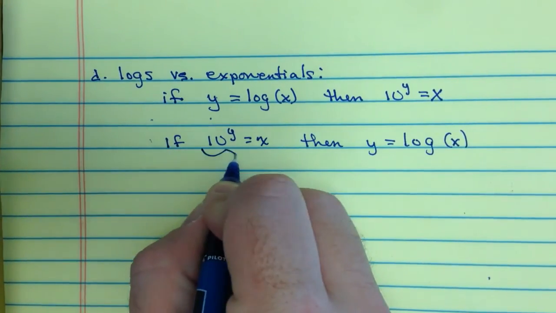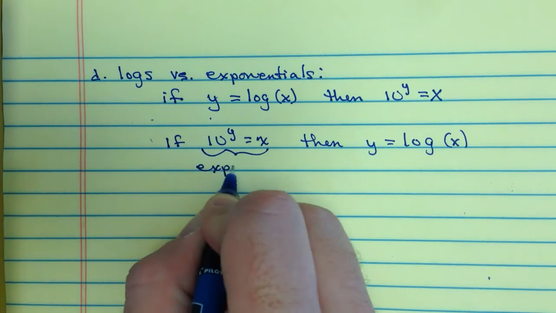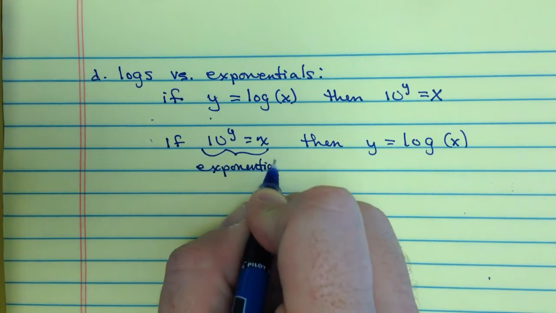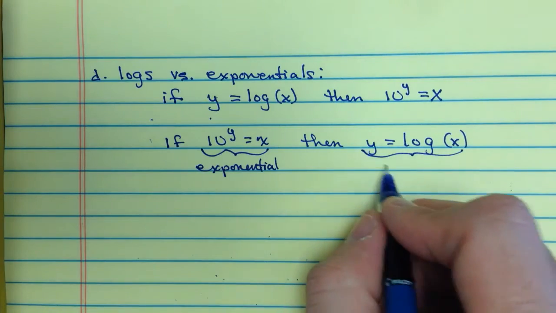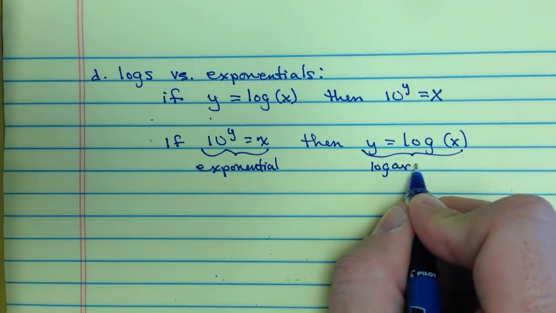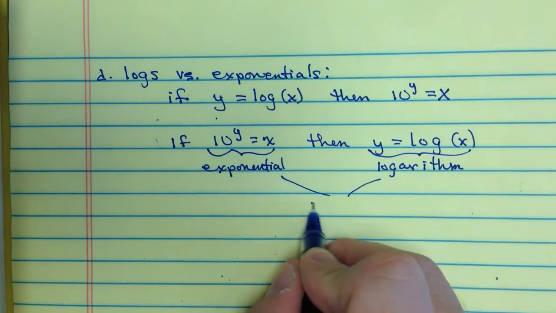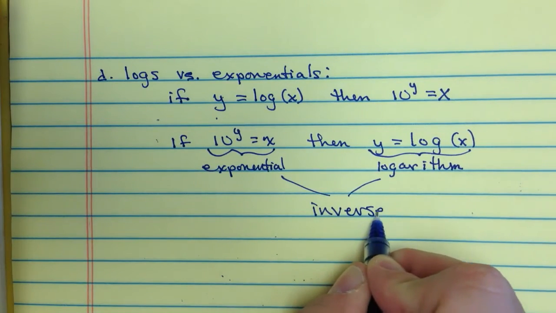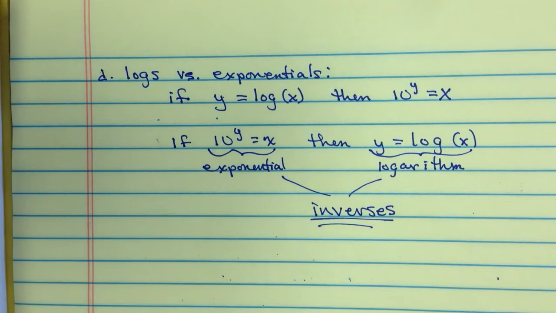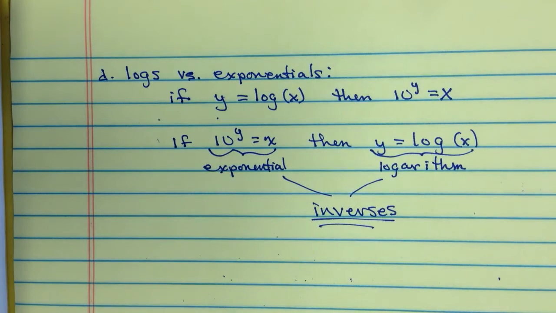So notice, here's an exponential. Here is a logarithm. So what we've learned is these are inverses because they undo one another. These are going to undo the operation of the other. Okay, so that's how we're going to start solving logarithmic equations pretty soon.